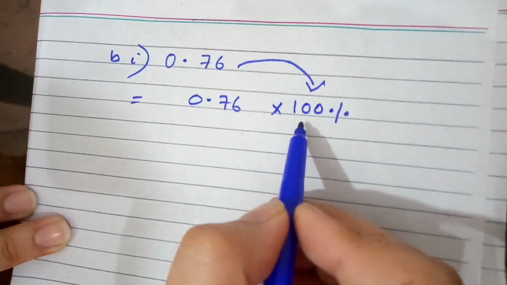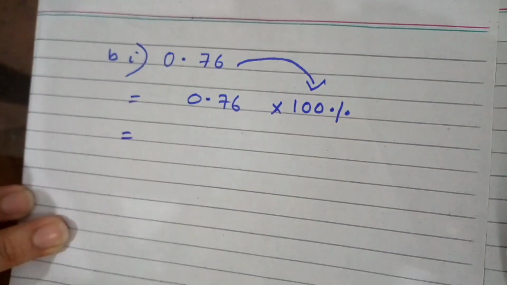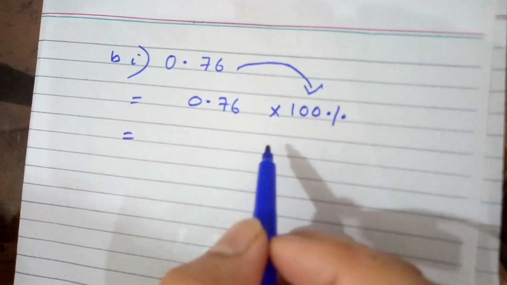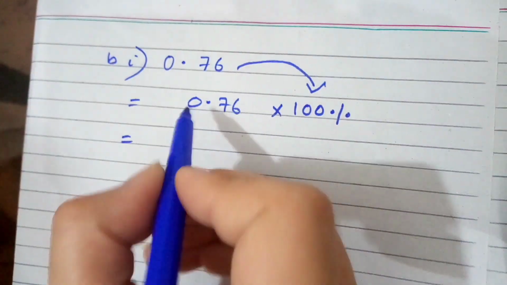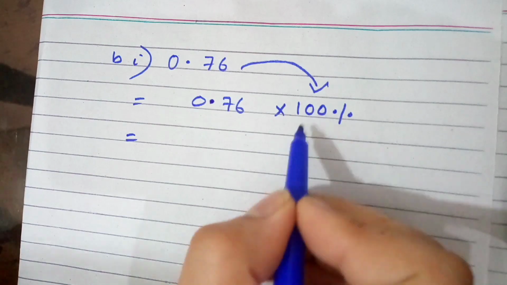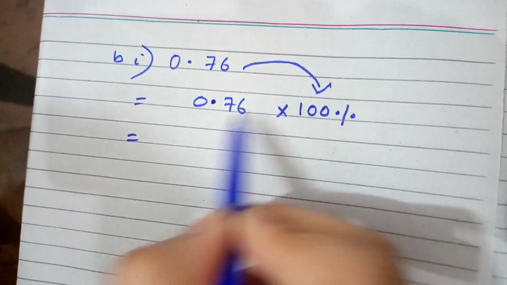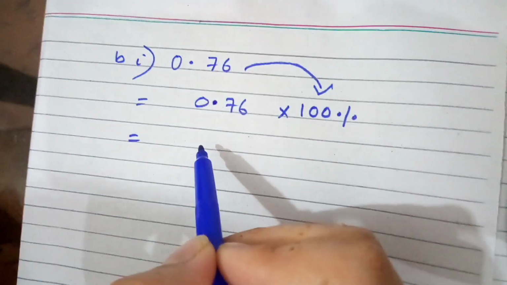Now this is multiplied with 100. As 100 is multiplied here, when we multiply by 100 or 10 or just zeros, we have to shift the point towards the right side. When we divide, we shift the point towards the left side, as in the previous question.